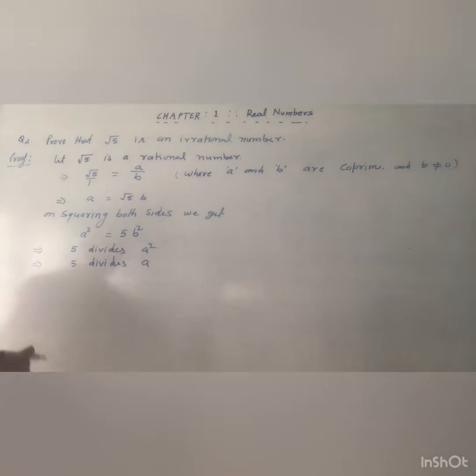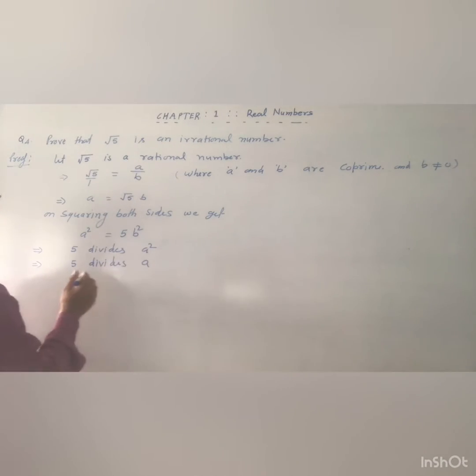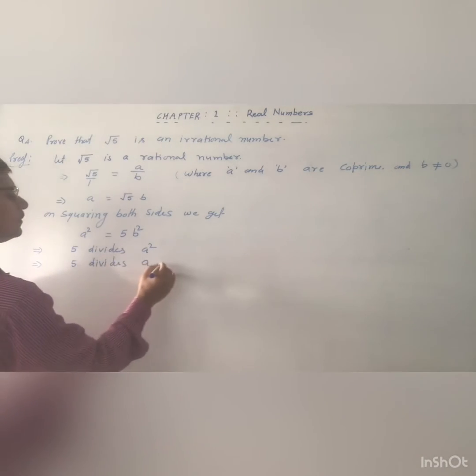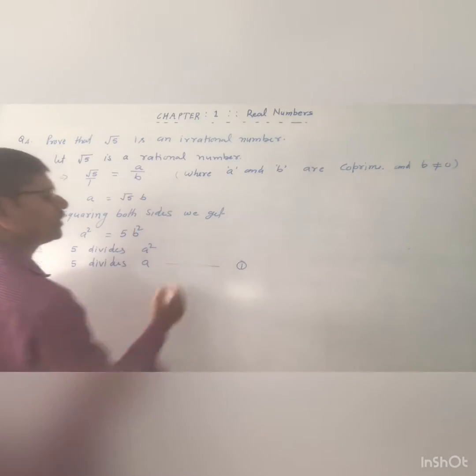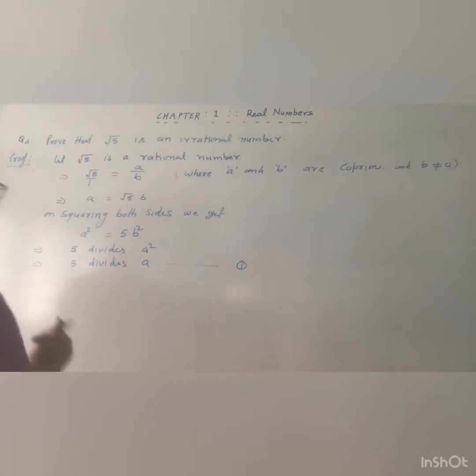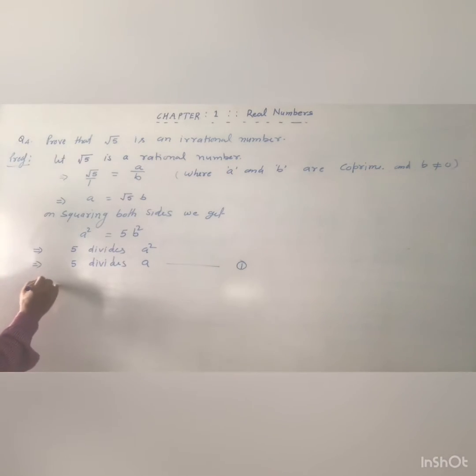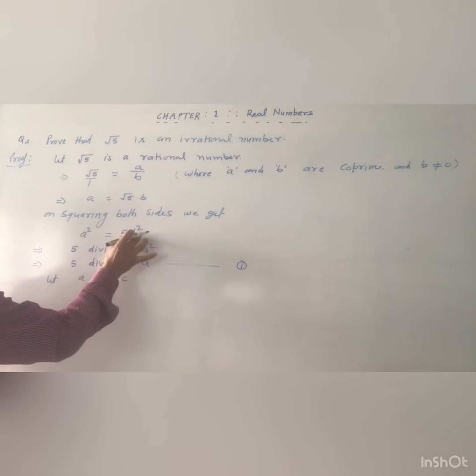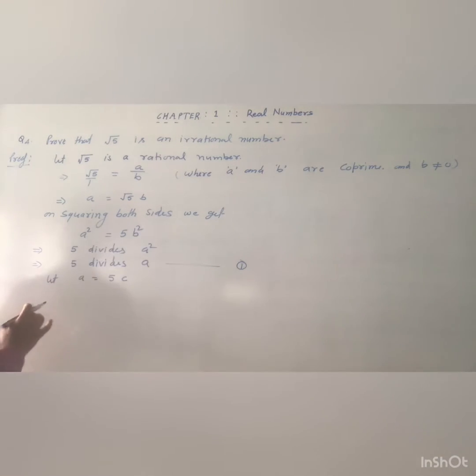So this gives you the conclusion. You will write this as equation number first. Now let a equal to 5c, and then you put this value in this step.